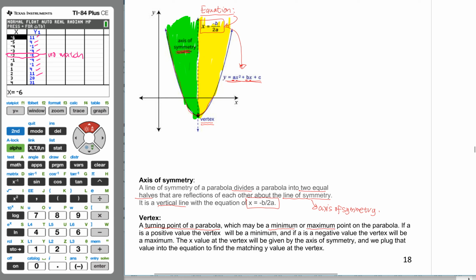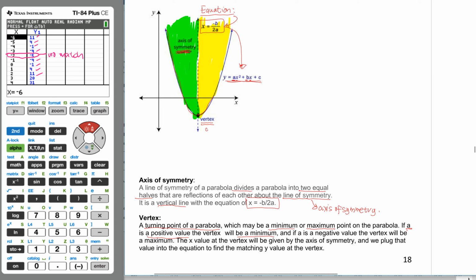Now if a is a positive value, the vertex will have a minimum. Meaning we're looking at the number before x squared.